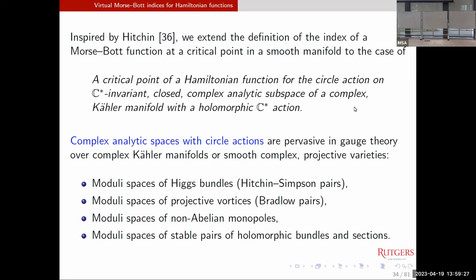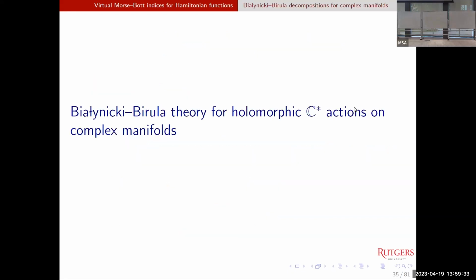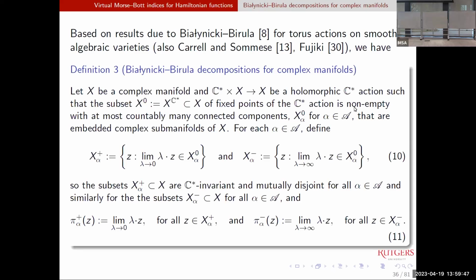Moduli spaces of holomorphic bundles over scalar manifolds, and so on. And it relies on something that's been long known in geometry, the so-called Bialynicki-Birula rule for holomorphic C-star actions. And I'll just indicate the part of the definition.